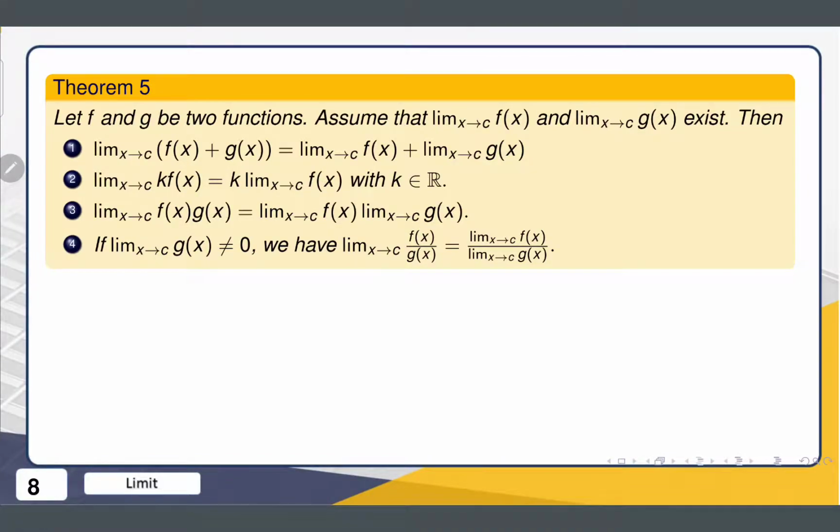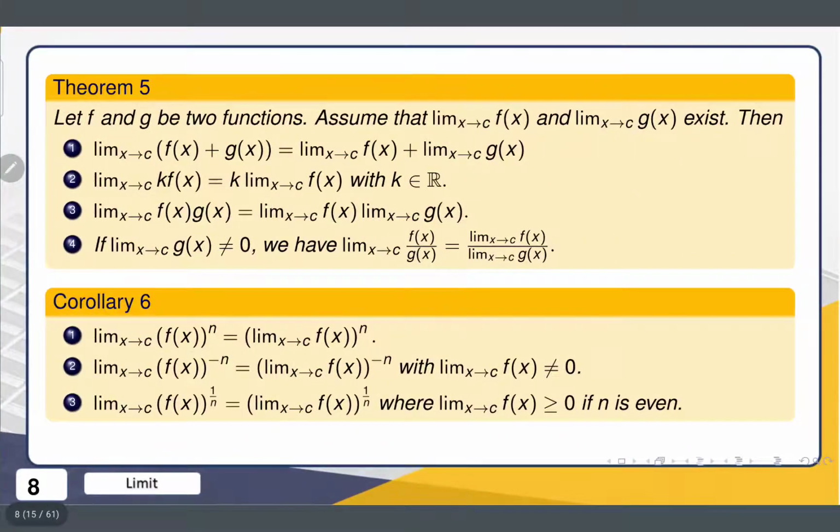So you have the limit of addition, which is the same as the addition of limits. And scalar multiplication, k times something, you can take out your k. And this is the multiplication, so you have the multiplication of limits. Then this one is the division. And this is another property of limit.